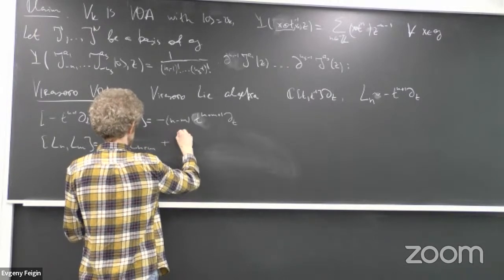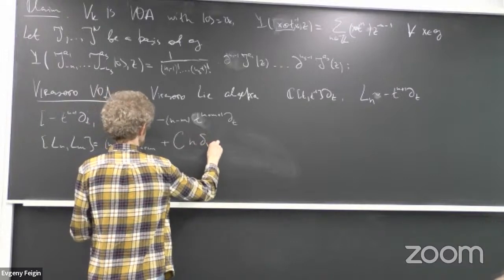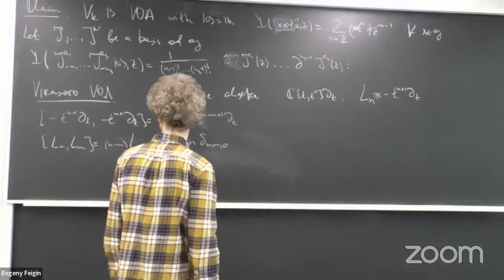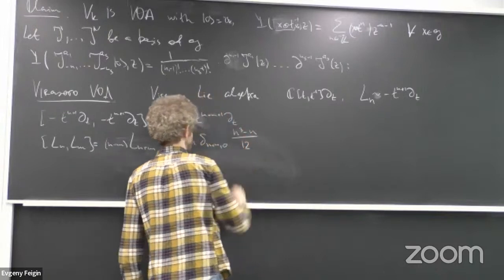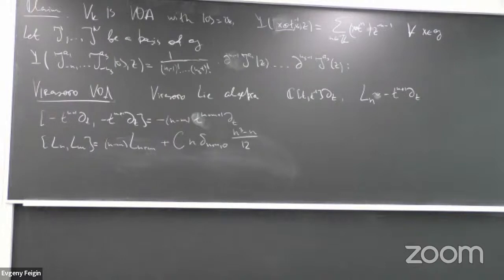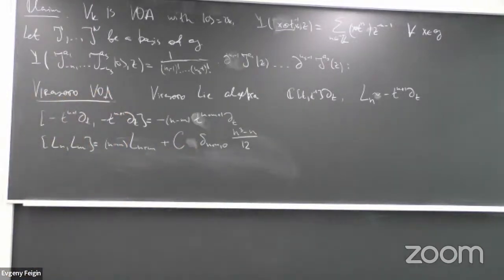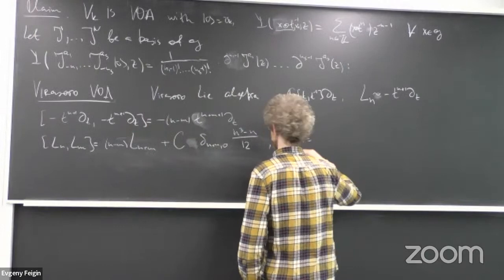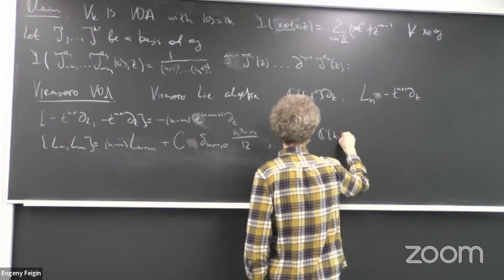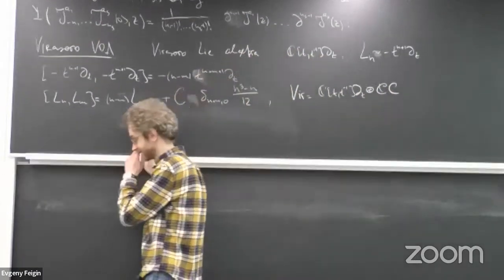This one-dimensional space is spanned by an element C, and then we have here n minus m times L n plus m plus delta n plus m, 0, times n cubed minus n over 12, times C. So our Virasoro algebra is, after all, this C((t)) d/dt plus a one-dimensional central extension. So this is the algebra.